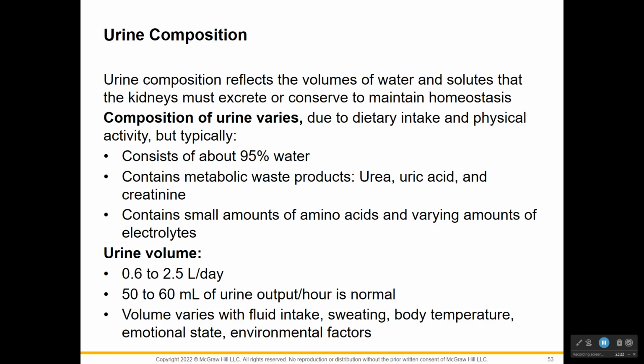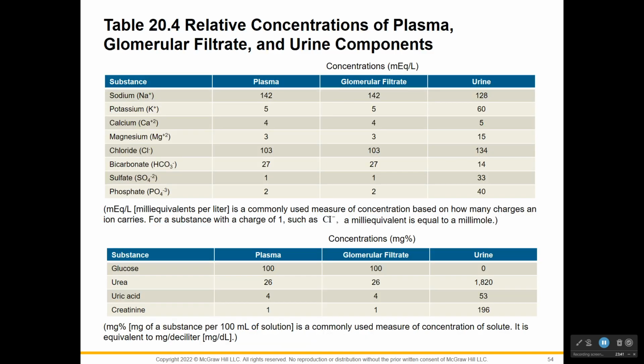And it might have small amounts of amino acids and electrolytes. You make about 2.5 liters per day, and so that's 60 milliliters of urine an hour. And again, those volumes can vary depending on your environment and what you're ingesting.